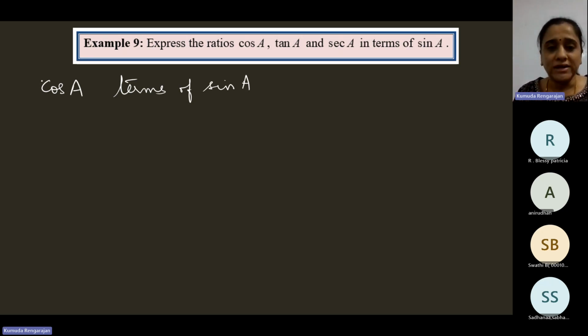You can write a relation that connects cos and sin straight away, or a relation that connects the reciprocal of cos and sin, or the reciprocal of sin and cos, or any combination of these.